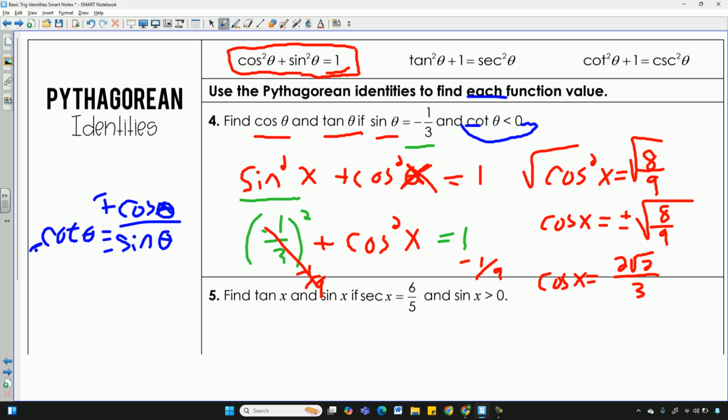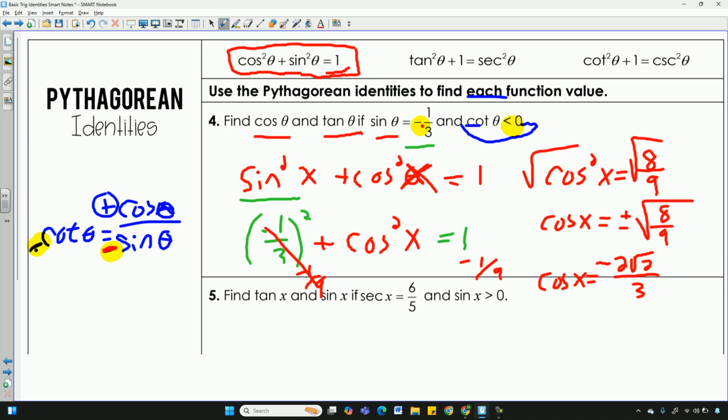That means that cosine must be positive. So see the sine thing here? Sorry about all the same colors. We saw that sine was negative by this negative sign up here. We saw that cotangent was negative by this. So that's why this is negative and this is negative. These are both negative. That means that cosine must be positive.